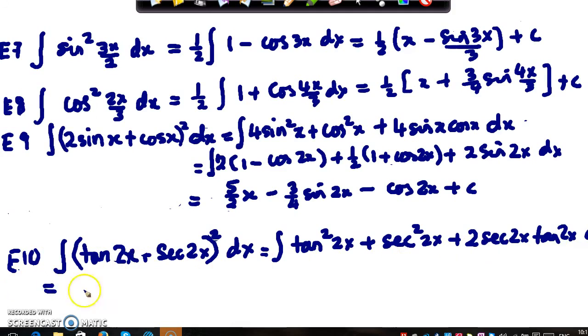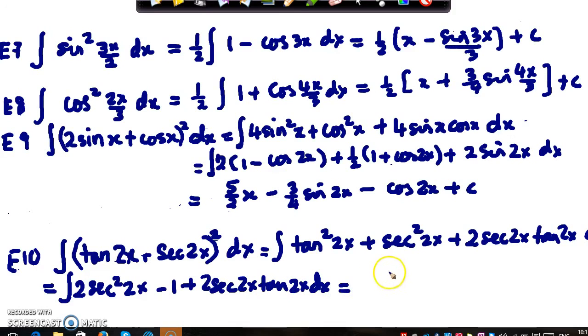Alright, integrating. Before we can, tangent square, we cannot integrate straight away. We need to use identity. Secant square we can. Secant tangent we can do it straight away. Okay, replacing it, tangent square 2x is secant square 2x minus 1. Add with this, becomes 2 secant square 2x minus 1 plus 2 secant tangent.